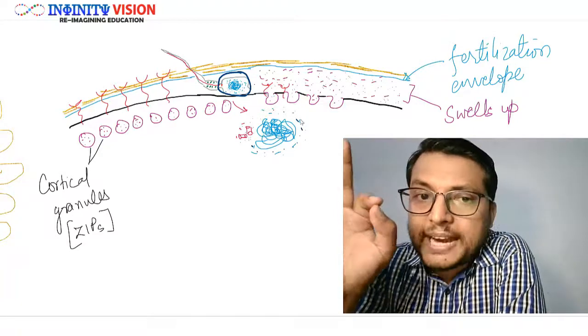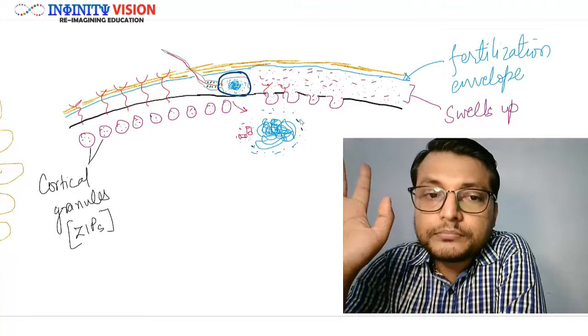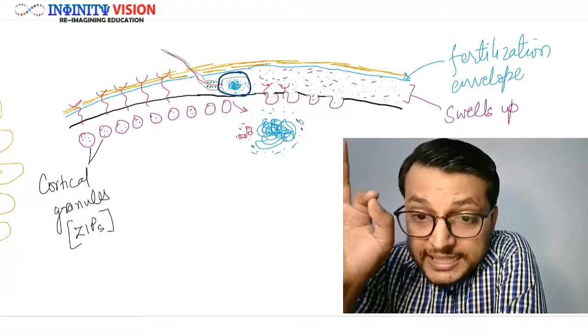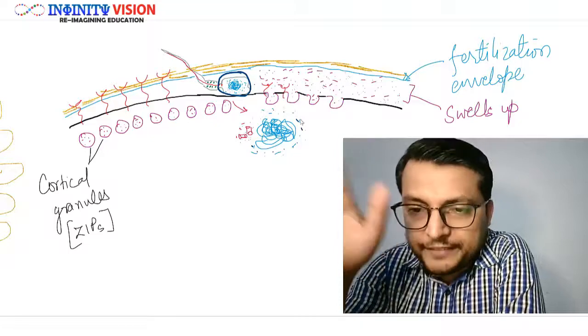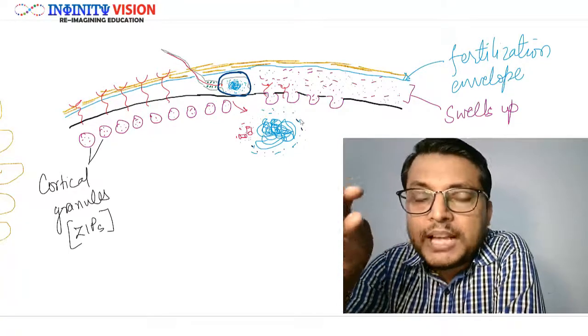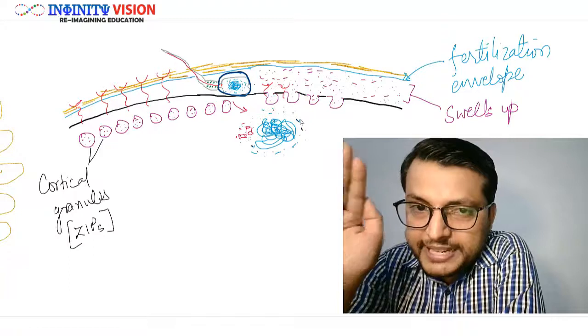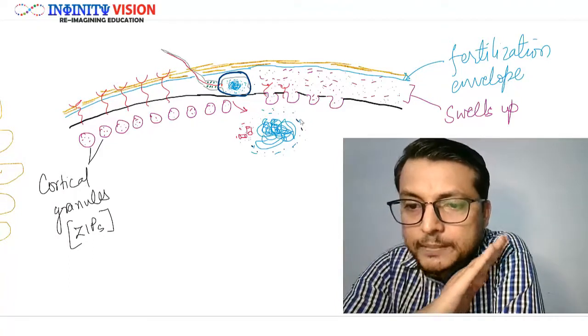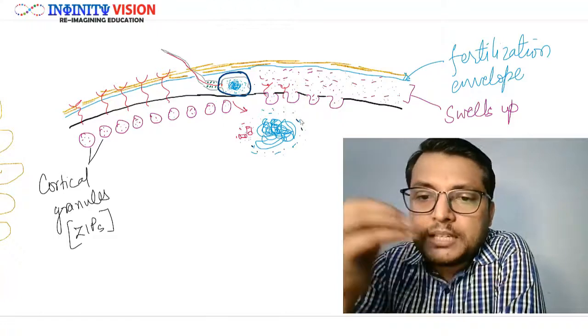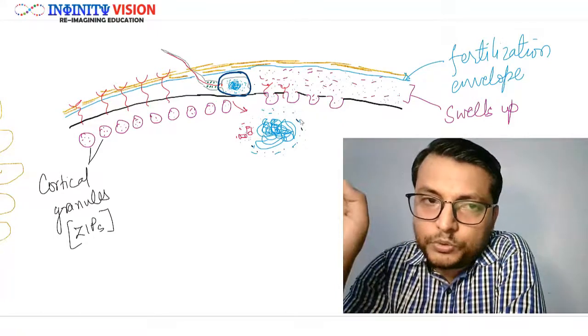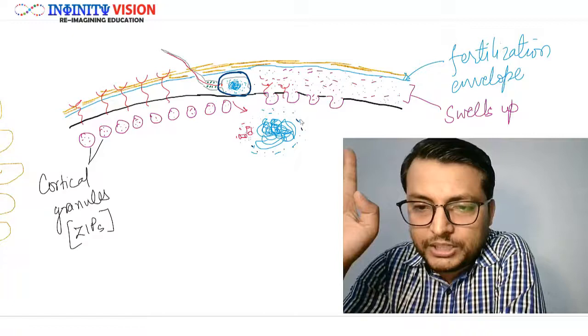Its compact DNA, genetic material, centrosomes, that is centrioles, and some amount of cytoplasm. That's it. Nothing else is brought in. The tail and middle piece remain outside the secondary oocyte, and it is degenerated.